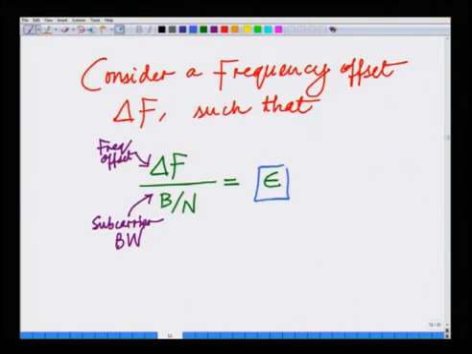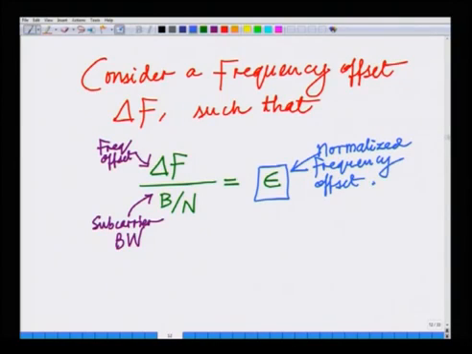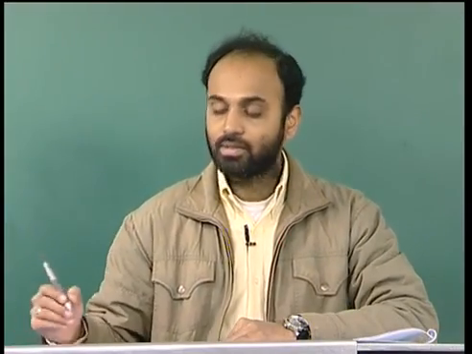Hence, this is the normalized frequency offset. This tells us the normalized offset as a function of the subcarrier bandwidth in this OFDM system.